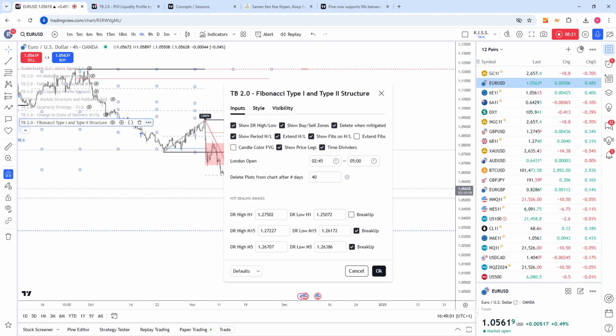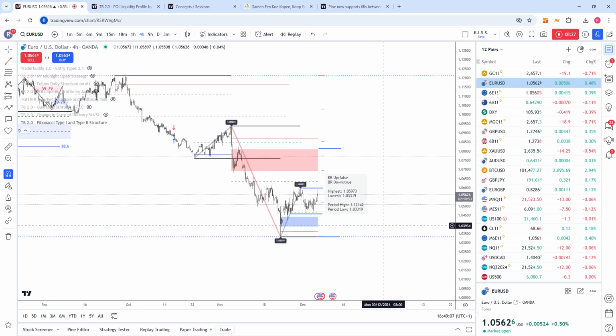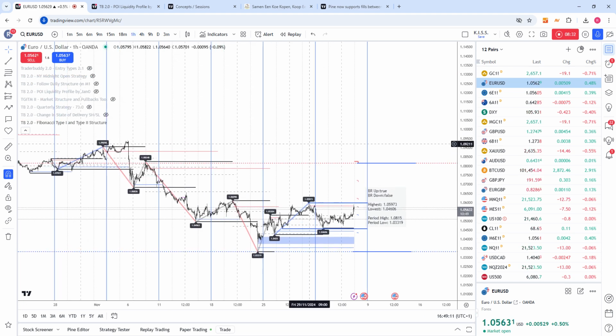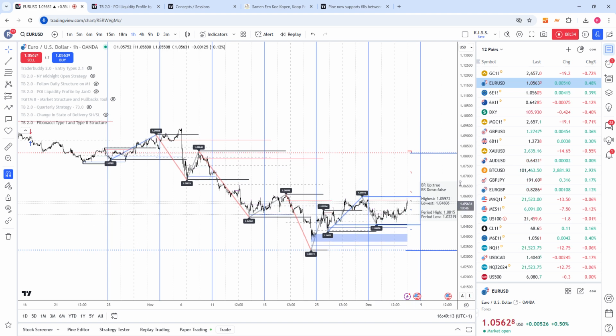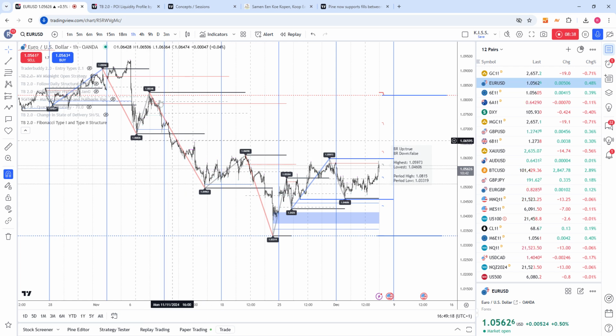So furthermore, we have these time dividers. Where is it? Time dividers. On the H4 we do not do very much with it, but as soon as we go to the H1, if we switch on the time dividers, this will look familiar like in the quarterly strategy.